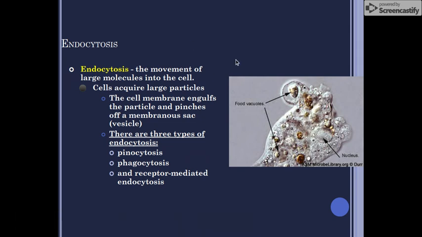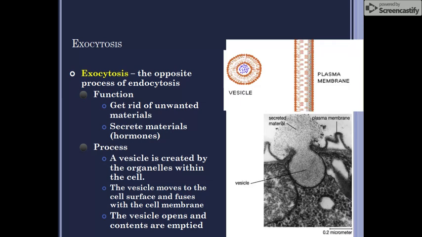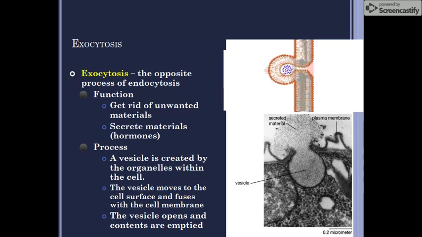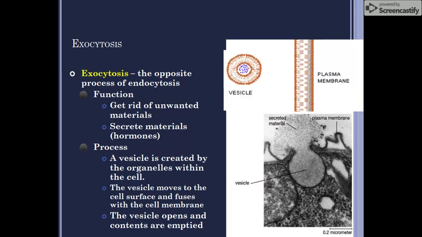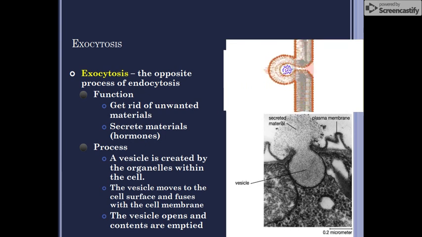This requires energy. The opposite of this is exocytosis. Exo means out, so we're moving things out of the cell. This could be waste products that have built up within the cell and we want to get them out. So we bundle them all in a vesicle, take it to the plasma membrane as we see up here, and release them.